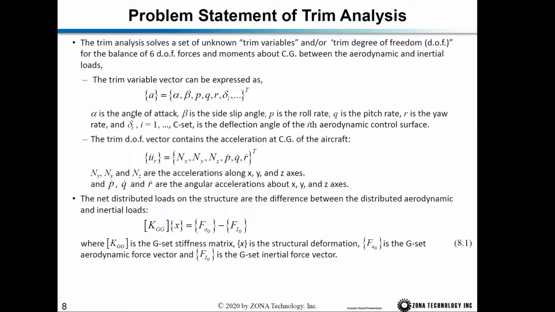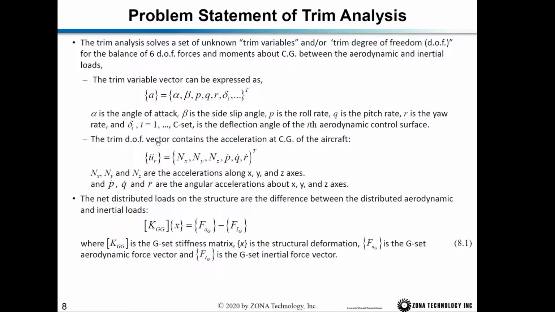So alpha is the angle of attack, beta is the side slip angle, P is the non-dimensional roll rate, Q is the non-dimensional pitch rate, R is the non-dimensional yaw rate, and delta is the control surface deflection angle. And we may have a C set of a number of control surfaces.